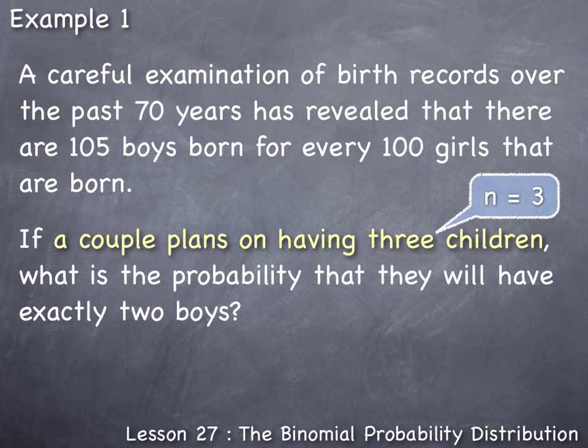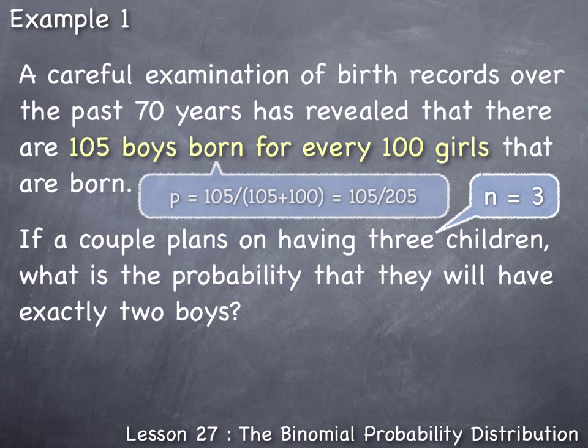So the value of P here, which represents the probability of a boy being born anytime a child is born, can be calculated by taking the number of boys born, which was 105, and dividing by the total number of children that are born. In this result, it's the 105 boys plus the 100 girls. So P would be the 105 boys divided by the 205 total children. So P would be 105 chances out of 205 of having a boy.